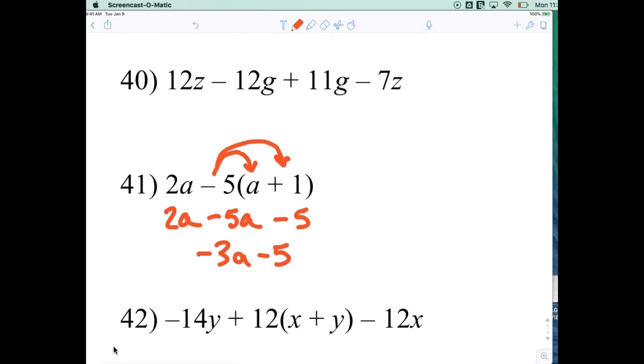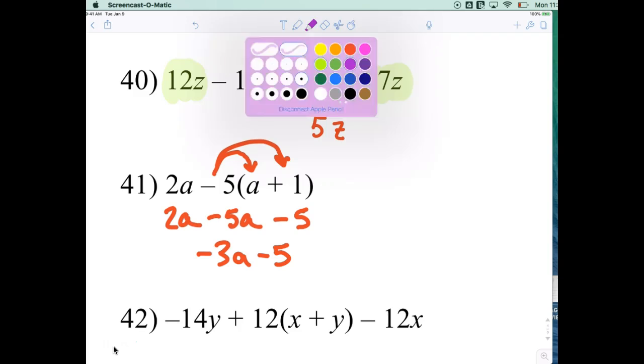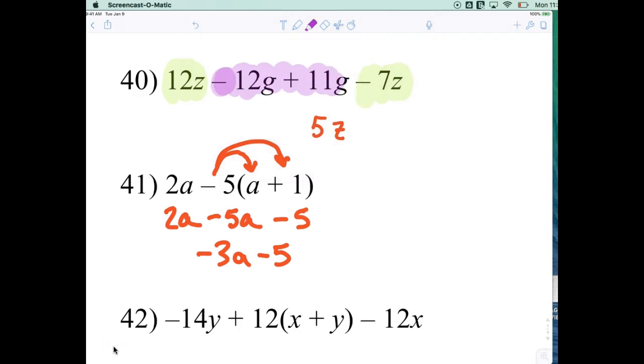Okay, so there's -12, should we start from the 12? 12z minus 7z is 5z, positive. And then -12g plus 11g is -1g. That's exactly the right answer. There you go. 5z minus 1g. Pretty good with that? All right.